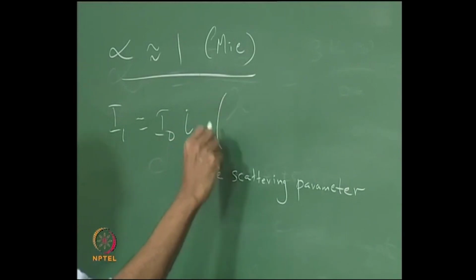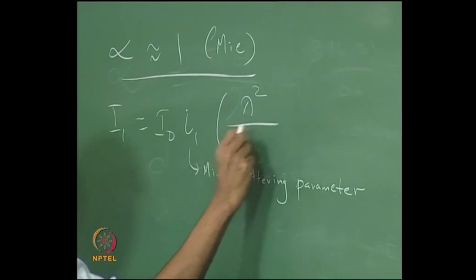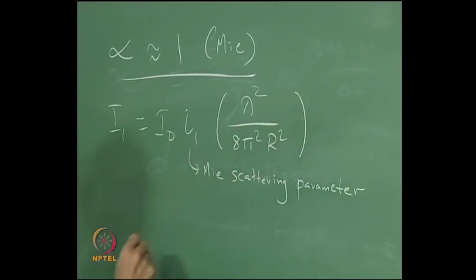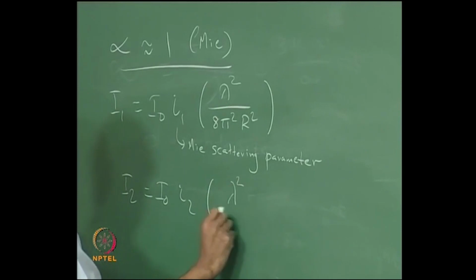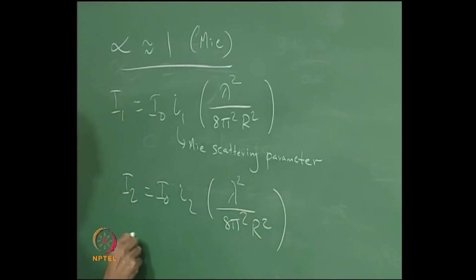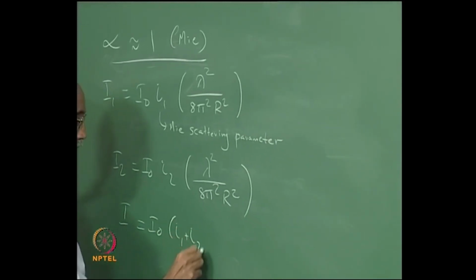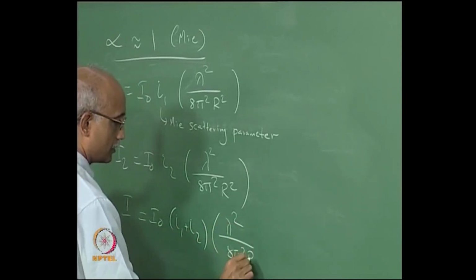And the actual expression then becomes I1 equals I0 times i1 times lambda squared over 8 pi squared r squared, and similarly I2 equals I0 times i2 times lambda squared over 8 pi squared r squared, and so I equals I0 times i1 plus i2 times lambda squared by 8 pi squared r squared.